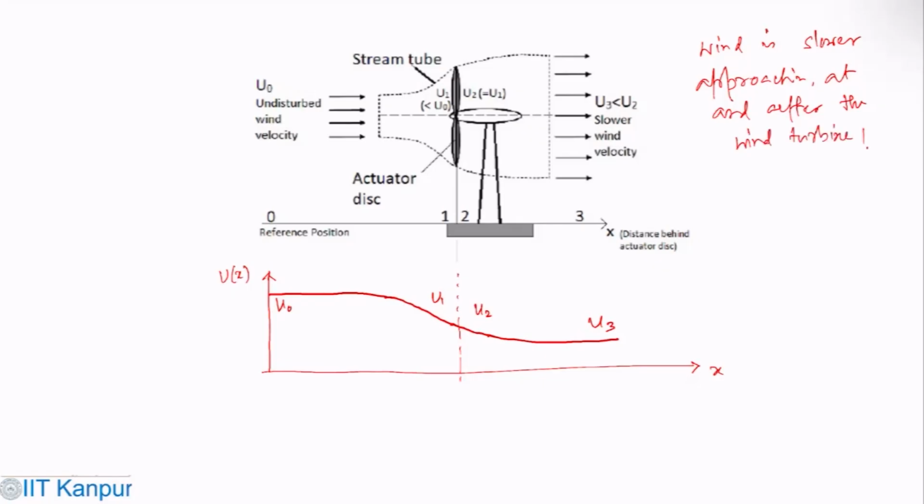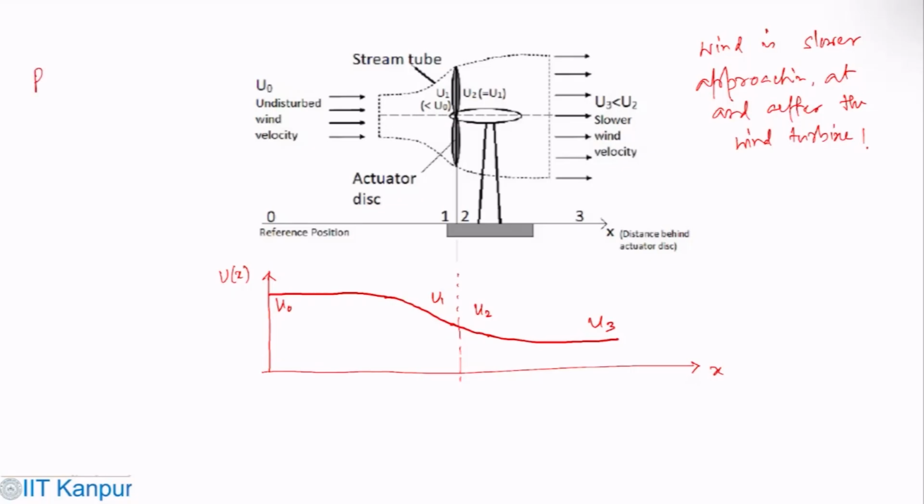This stream tube which is drawn here is defined as a tube whose boundaries are parallel to the fluid velocity of the wind passing through the turbine. This is what we have drawn here.